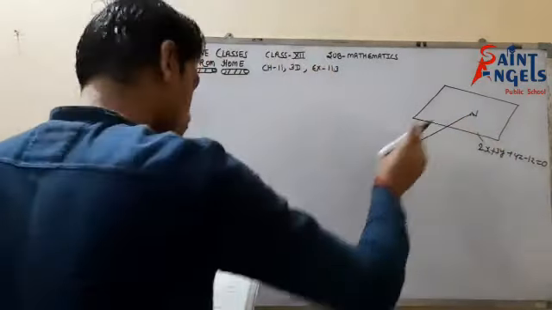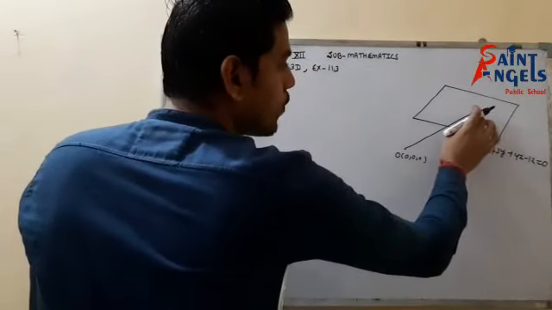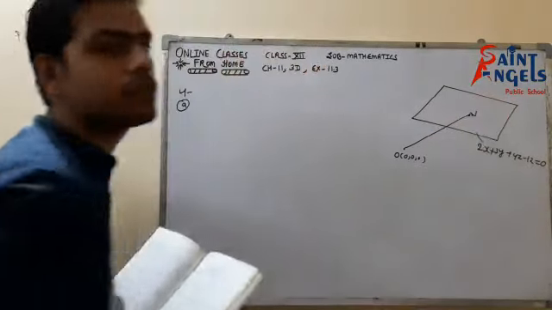Suppose the perpendicular is ON, then what would be the coordinates of the foot of the perpendicular? So we have to find the coordinates of point N. This is the given question.